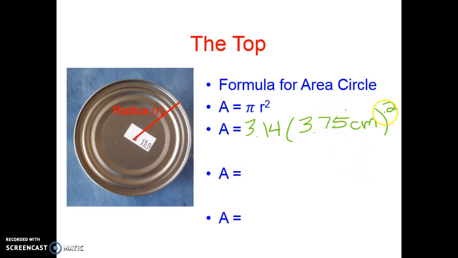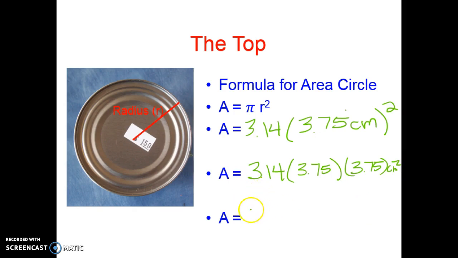So what do we need to chug out now? Well, let's do some simplifying. Let's leave the 3.14 for a while. 3.75 centimeters squared. That's the same thing as 3.75 times 3.75 because it's squared. And then our units are centimeters squared.